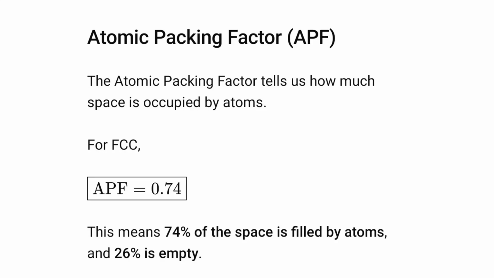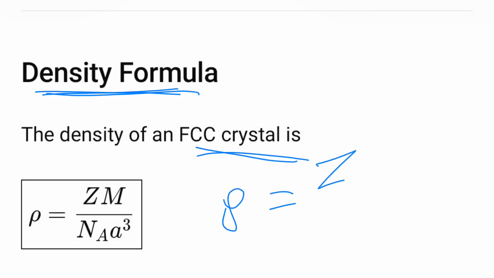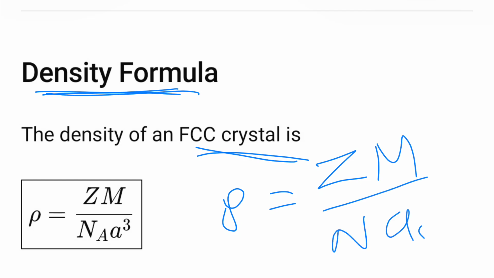The density formula is important from the examination point of view. The density of an FCC crystal, rho equal to ZM by Na a cube. Here Z is the number of atoms per unit cell, M is the molar mass, Na is the Avogadro number, and a cube is the edge length cubed.